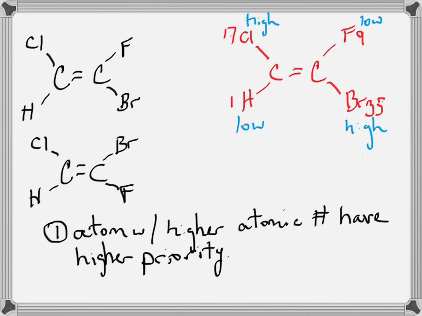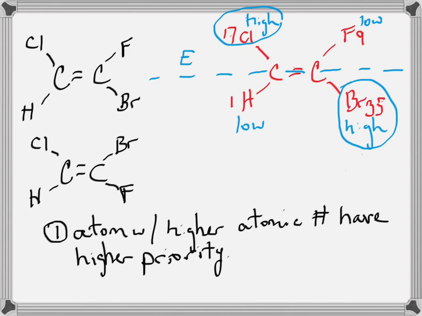So now we've identified and prioritized each of the groups on each of the carbon atoms of that double bond. Because we have the high priority bromine and the high priority chlorine on opposite sides of the railroad track, we can see that that would be in what we would consider originally to be trans, but trans in the EZ system would be considered to be E. And so that's in the trans or the E conformation.